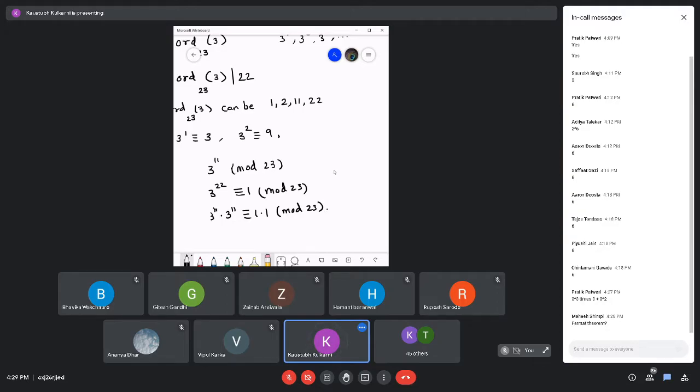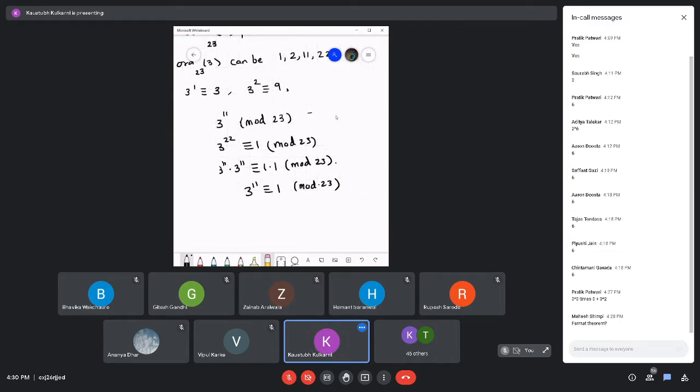Therefore, this is congruent to 1. You can also use repeated multiplication any which way. So finally, this is our answer: the order of 3 mod 23 is equal to 11.